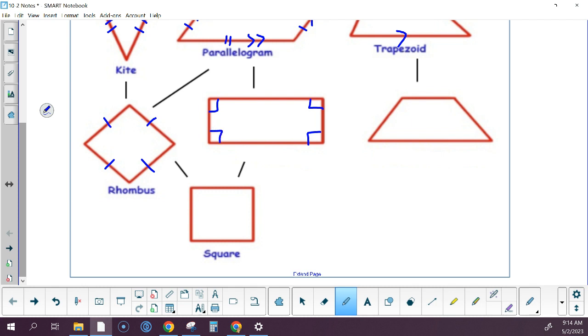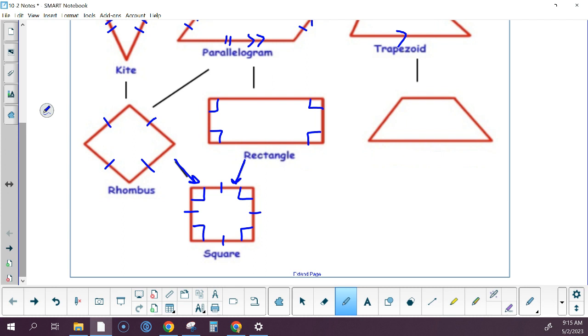That is the definition of a rectangle. And if we have four right angles and four sides that are equivalent, that is going to make a square. It's basically putting a rectangle and a rhombus together. Four right angles, four congruent sides.